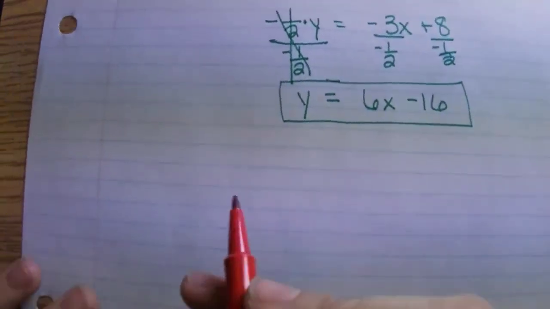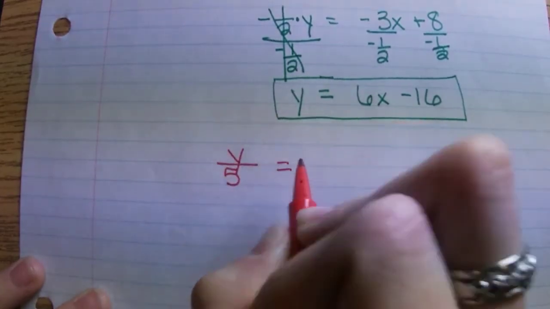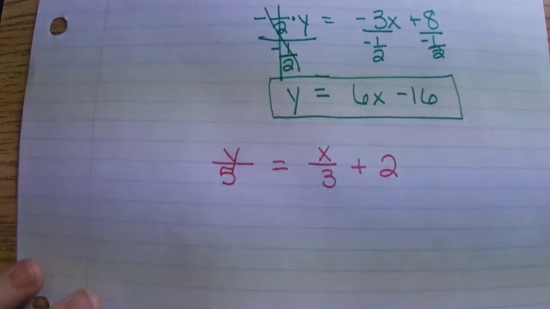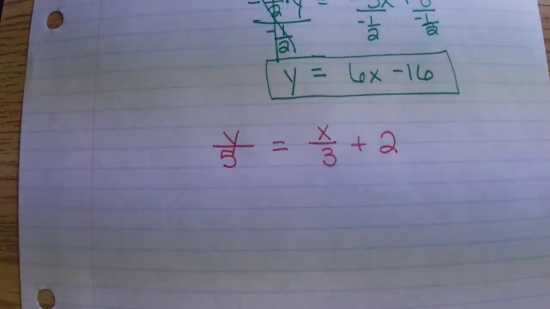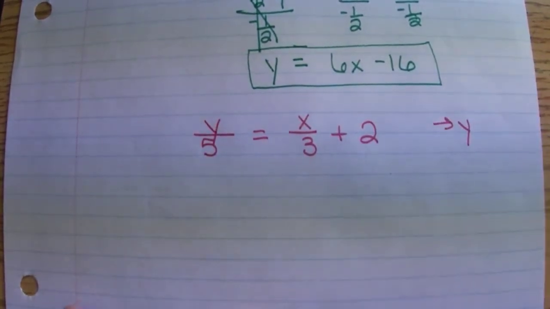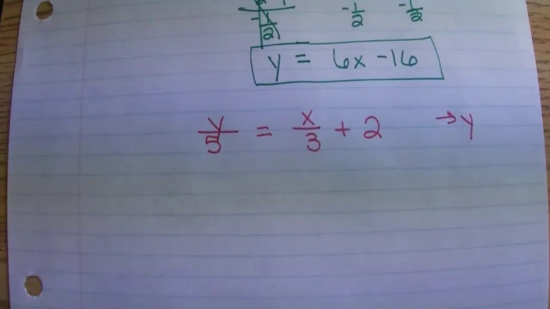Last one. Let's say we have y over 5 equals x over 3 plus 2, and we want to solve this for y. So if we want to get y by itself, the x isn't over there with it, so we don't need to move that x away at all.